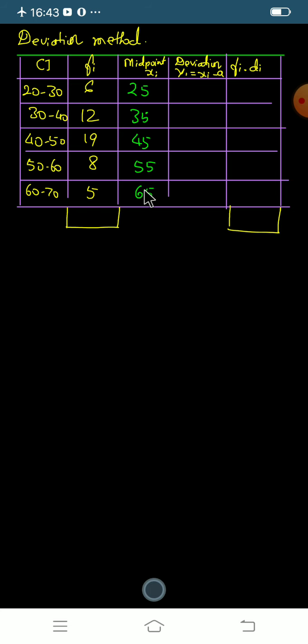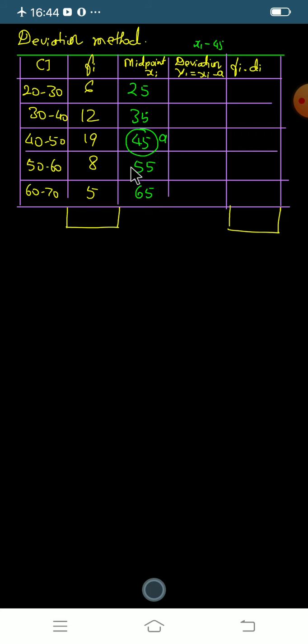Now what is more important in this method is to assume a mean, that is called the assumed mean. I assume 45 as the mean, that is A. 45 is the assumed mean A. So what we have to do is write xi minus 45.